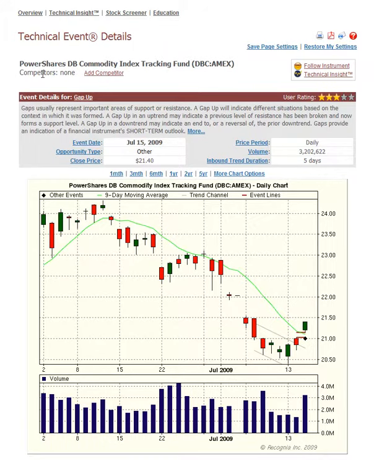Today, we're in our software TAG room, and it is showing you the PowerShares DB Commodity Index. Why? Because I'm an old commodity trader. I'm following it very closely. The commodity markets have come down over the recent 30 days. I'm very interested in finding a position to get back long.